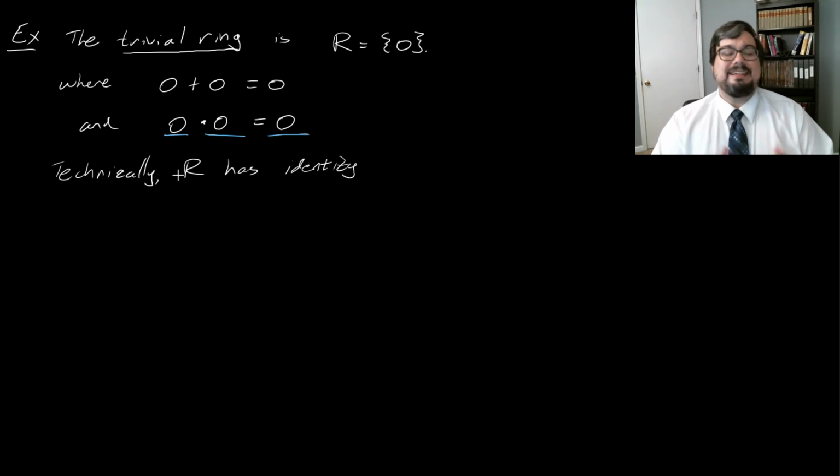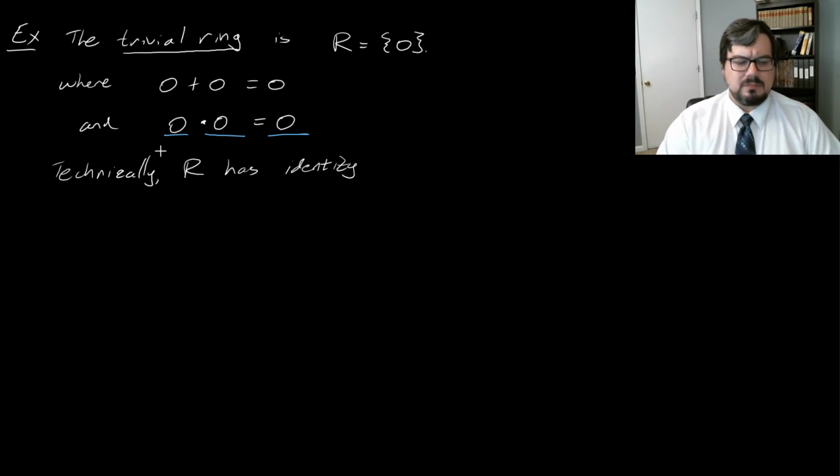So technically, in this ring, 0 is a multiplicative identity, but it's a multiplicative identity for a silly reason. It's because there's only one element in the ring, and no matter how you combine two zeros together, you get another 0 in this ring. So we have a multiplicative identity.